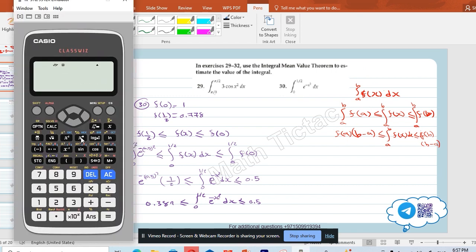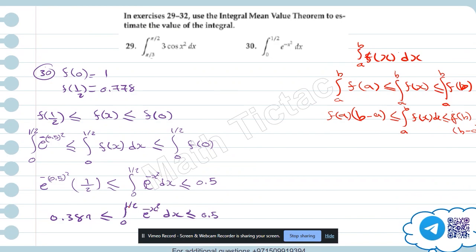So in here 0 and in here 0.5, and the function is e to the power minus x squared. So this is equal to what? 0.461, which means it's between 0.389 and 0.5. That's it.